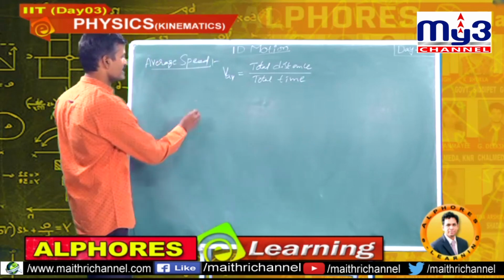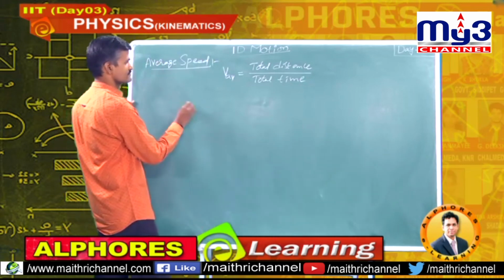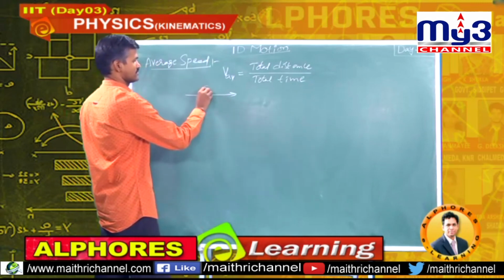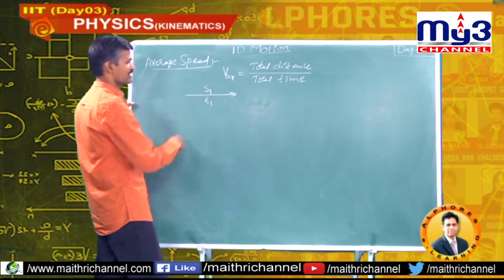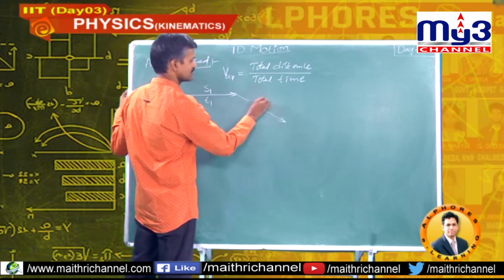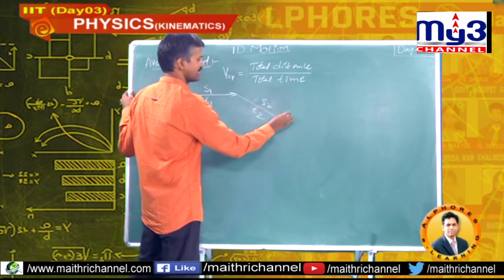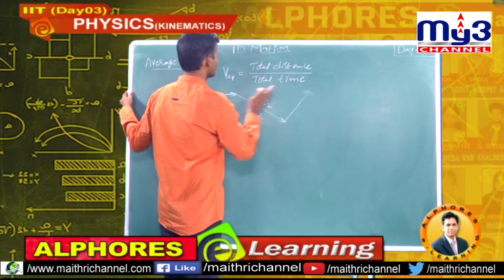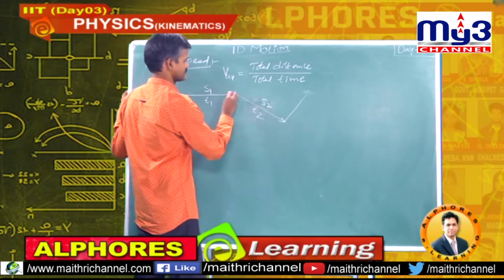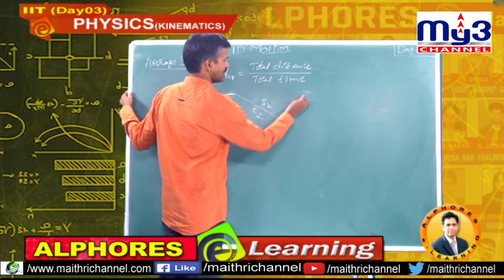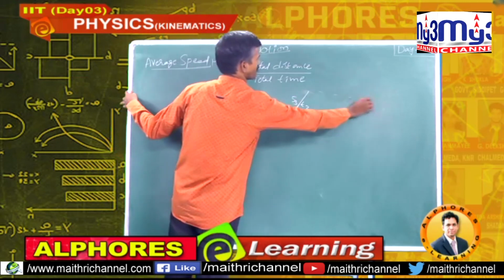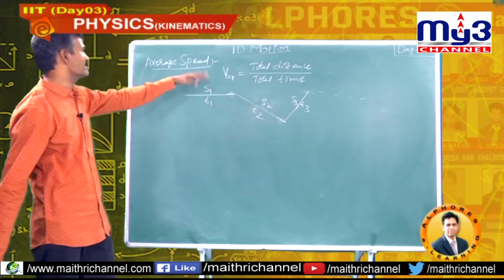Suppose a body travels some distance S1 in time T1, some distance S2 in time T2, and some distance S3 in time T3, and so on. How do we calculate the average speed of this journey?